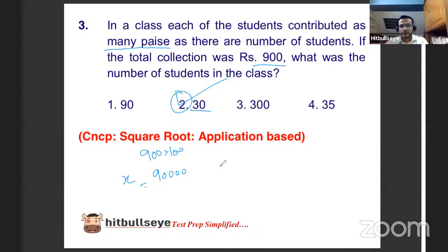And what was the number of students? So I have to just take a square root of this, which comes out to be 300. Third option is the right answer. Right? Everybody clear on this? I'm assuming this was a quick one, and most of you who could not solve it at the drill time are clear with the answers now.